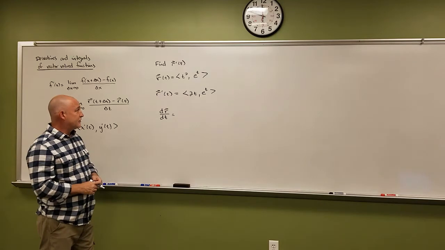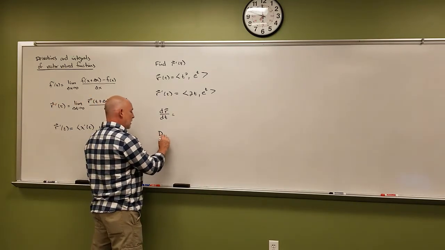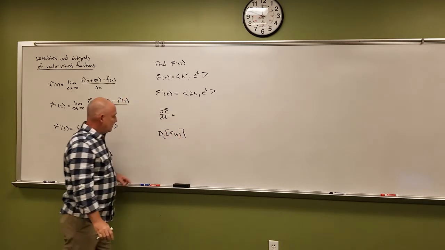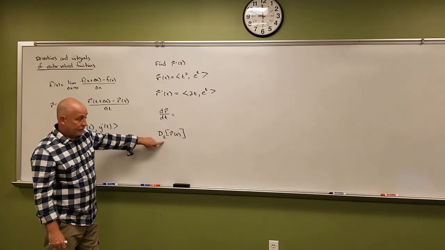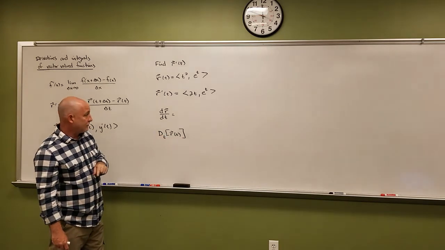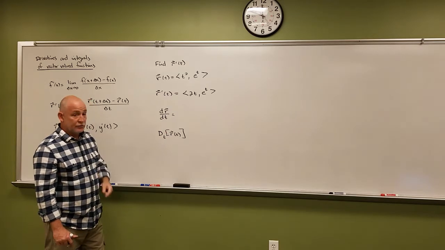But what you may not have seen is you can also write the derivative using what's called the big D notation, or operator notation, where you put the big D out front. This tells you what you're taking the derivative with respect to. So this is the derivative with respect to t of r of t. So if you see this, don't be confused about it. That is just a derivative.